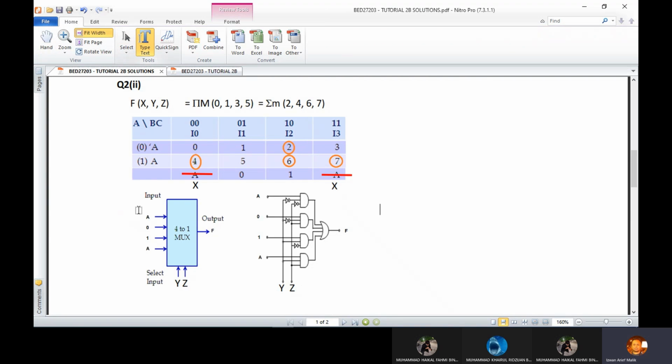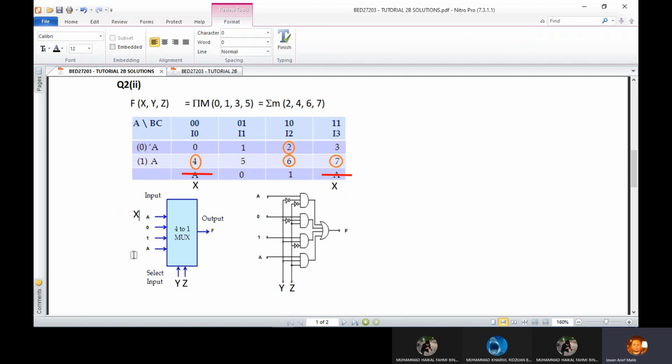Alright, and then last one, here pun sama, this is x, and then this is x, and x.